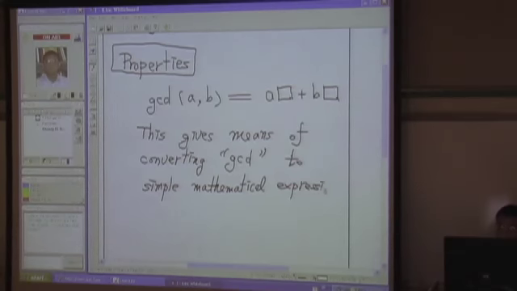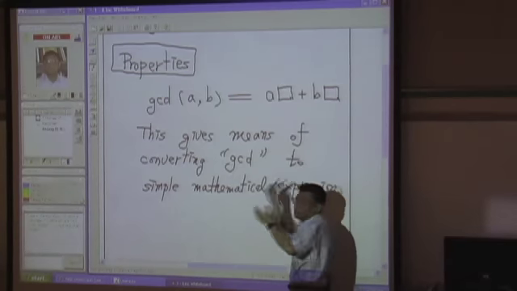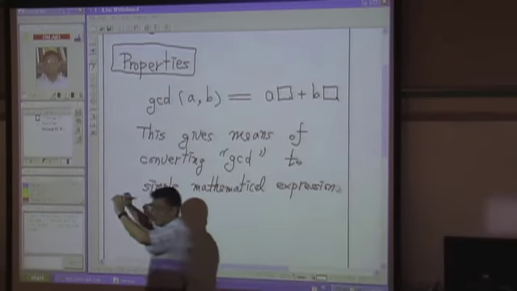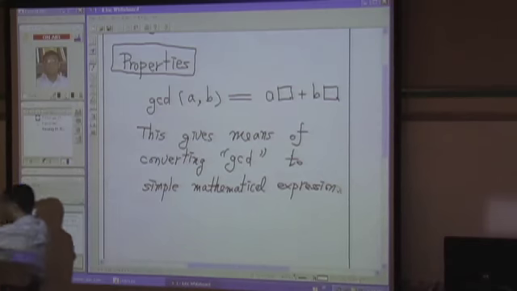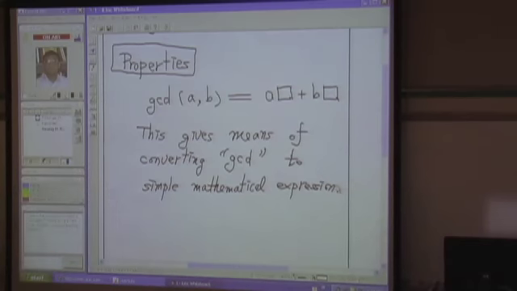So instead of using GCD, we can use something that we can handle, right? That you can touch. In other words, you can multiply, add, subtract, and so on, right? So do you see the usage of this statement?